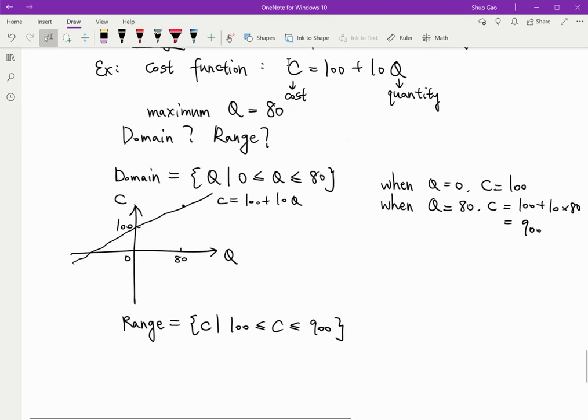In this example, the dependent variable is the cost, so we need to find the minimum and the maximum values that the cost can take, which is 100 the minimum and 900 the maximum. And I also use a set to represent the range of C.